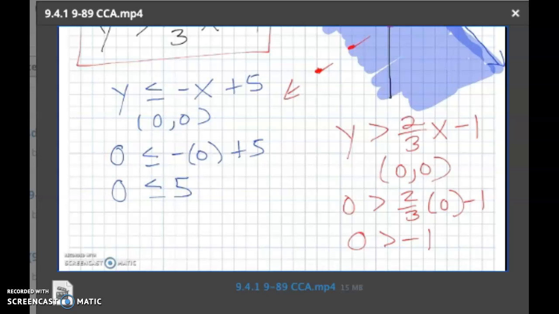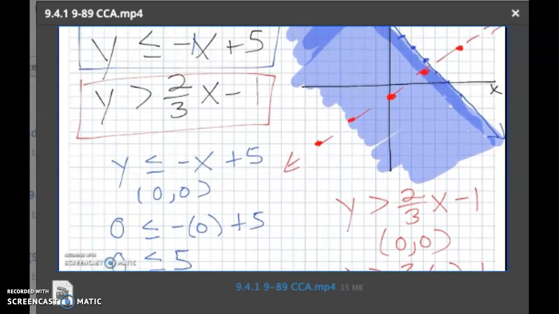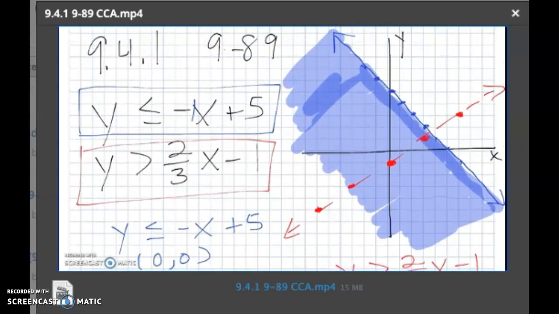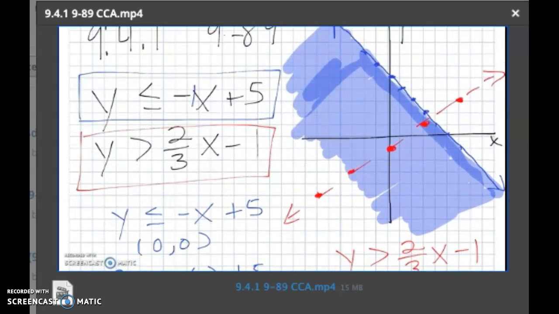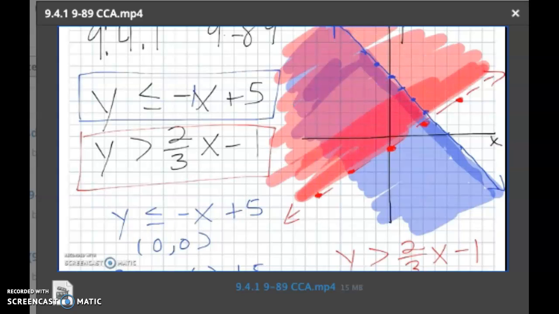Is 0 further to the right than negative 1? It is, so that is true. 0 is greater than negative 1. So I need to shade the side of my line where 0, 0 is, because that was a true statement. 0, 0 is above my line, so I'm going to shade everything above my line. So my solutions for that inequality are everything above my line.